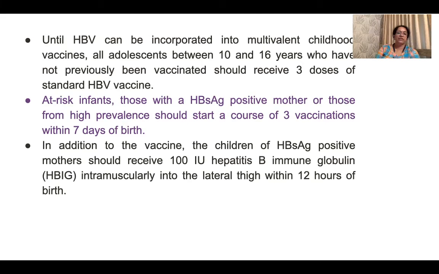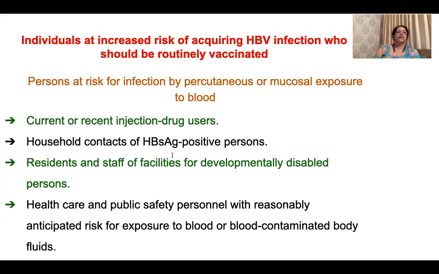In addition to the vaccine, the children of HBs antigen positive mothers should receive passive immunization. Here, in passive immunization, 100 international units of hepatitis B immunoglobulin, HBIG, is administered intramuscularly into the lateral thigh within 12 hours of birth. This will protect them.